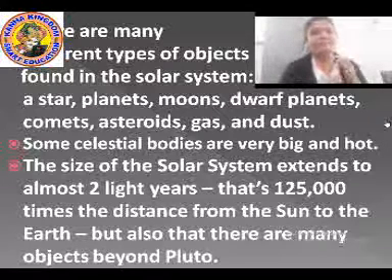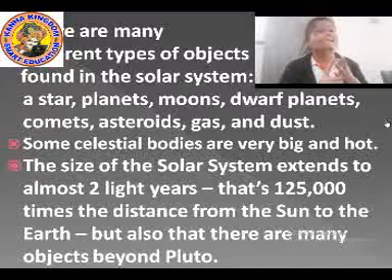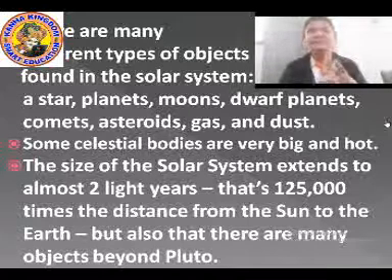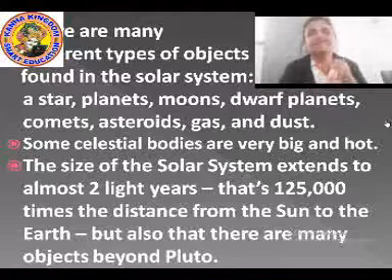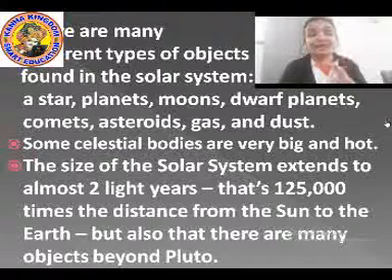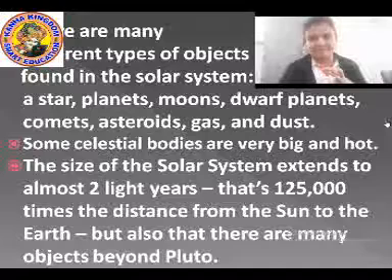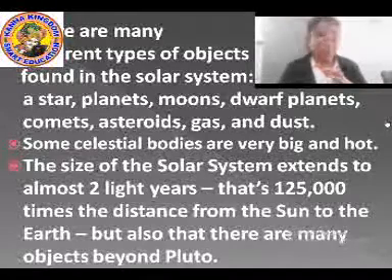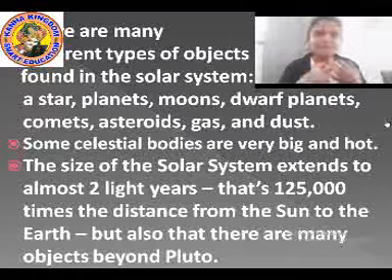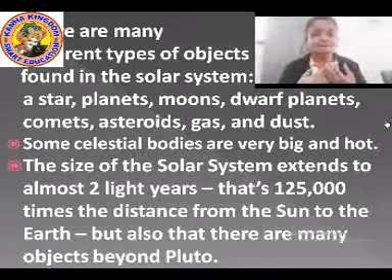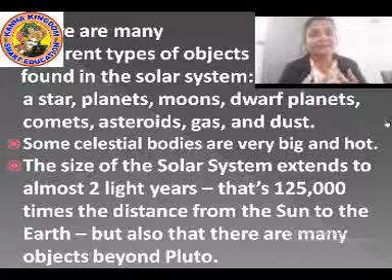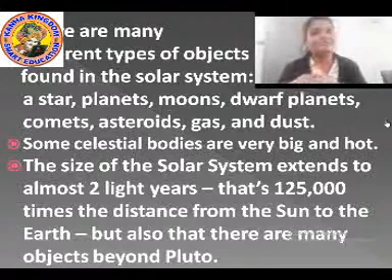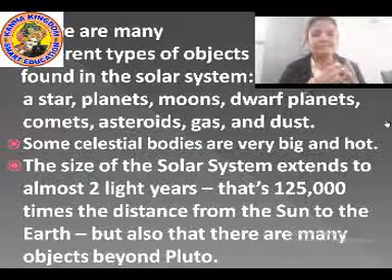Stars, planets, moons, dark planets, comets, asteroids, gas and dust. Note it down. Some of them have been noted down. Some are to be noted again, like dark planets, gas and dust. They are also objects found in the solar system.